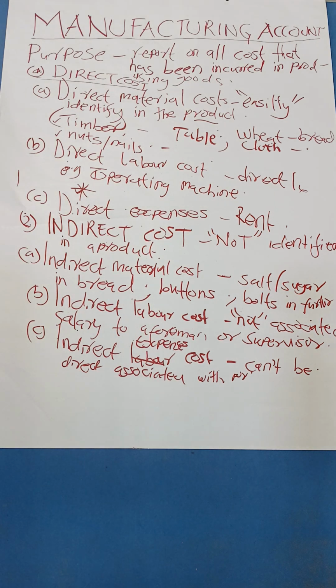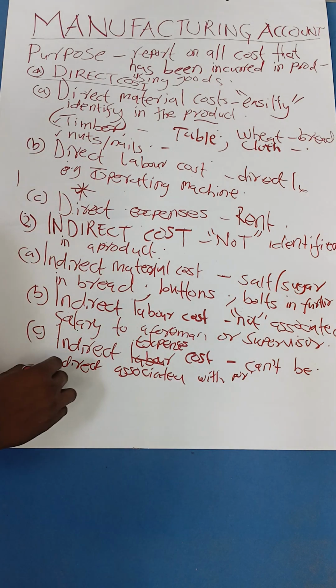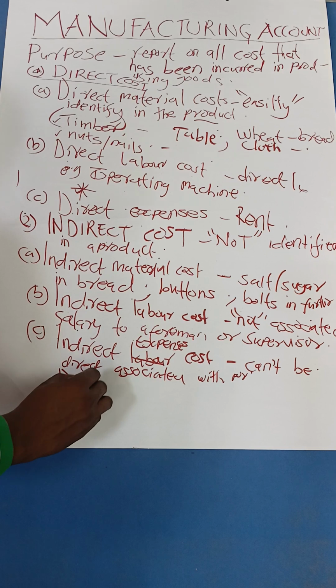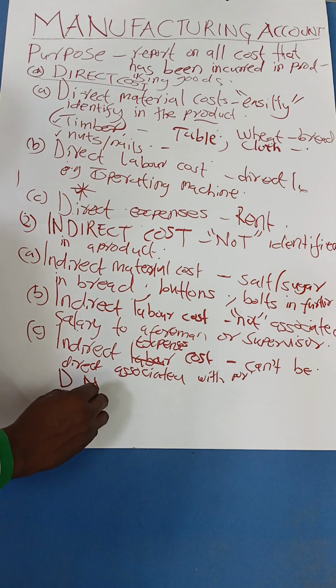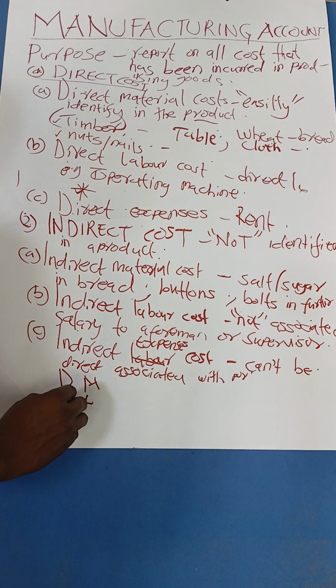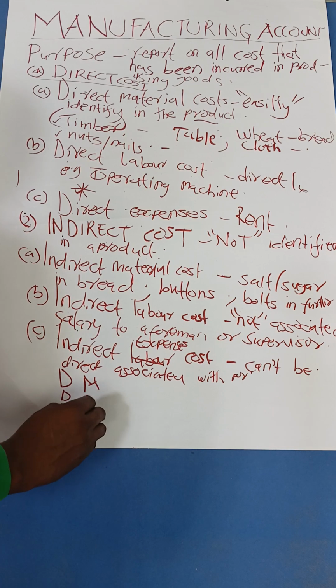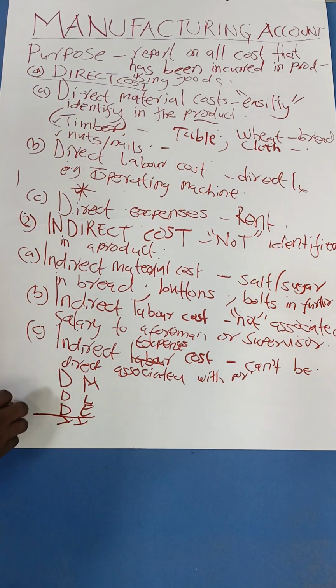So you realize at the end of the day, when you add the direct material cost, then you add the direct labor cost, then you add the direct expenses, you will have something called prime cost.